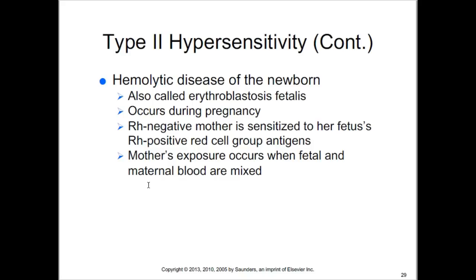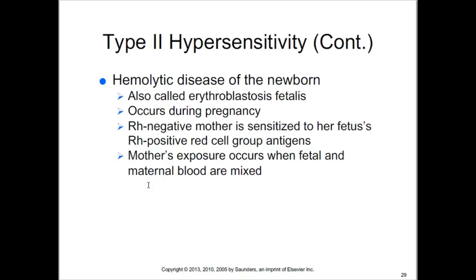Majority of people, if you look again on table 10.4, 85% of people are RH positive and only 15% are RH negative. That is very different depending on the country of origin. I know that many Asian countries are 99% RH positive and only 1% are RH negative. So very, very different depending on the country of ancestral origin.